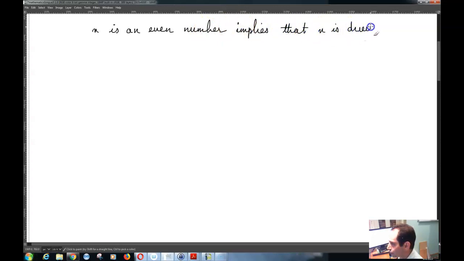Now the next question that we have is: x is an even number implies that x is divisible by 4.